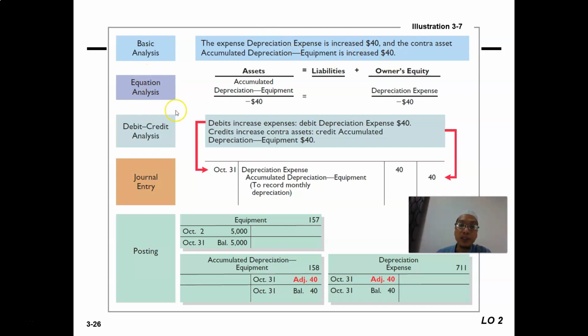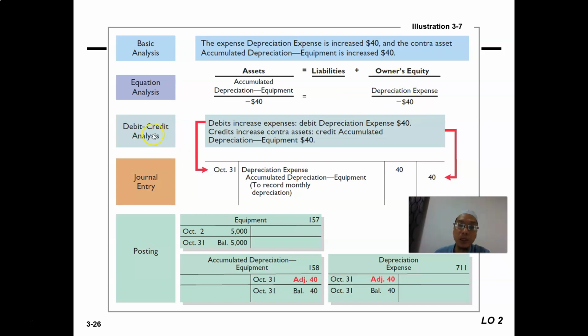So the equation analysis is that because we use our asset, it will reduce our asset, and we reduce our asset by adding to our accumulated depreciation account. It is a contra account, which is opposite from asset. And then because we have made the expense, we reduce our owner's equity by adding the depreciation expense, which has a negative $40 impact on our owner's equity.